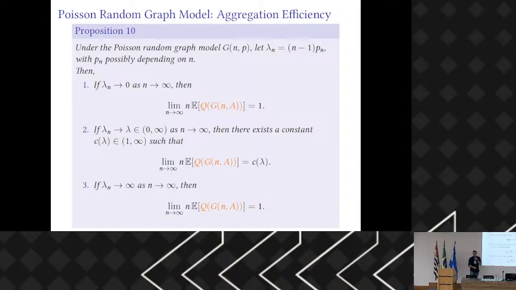So you are going to the complete network case. So everyone is bumping into everyone. And the one in the middle is where the average degree is fixed. Okay, some number lambda. Then what I'm saying is that this orange Q goes to 0 at a rate of 1 over n, 1 over n.